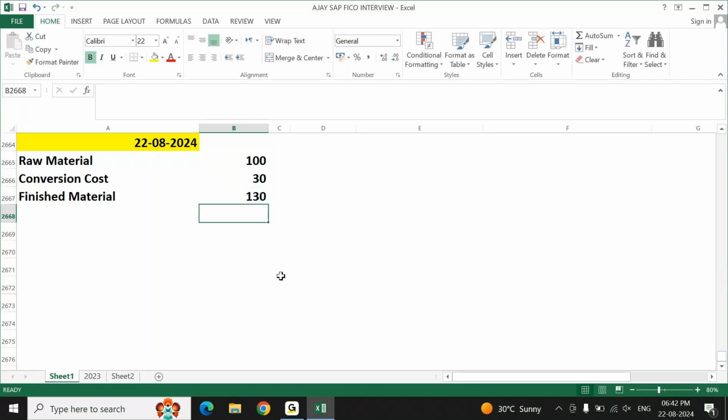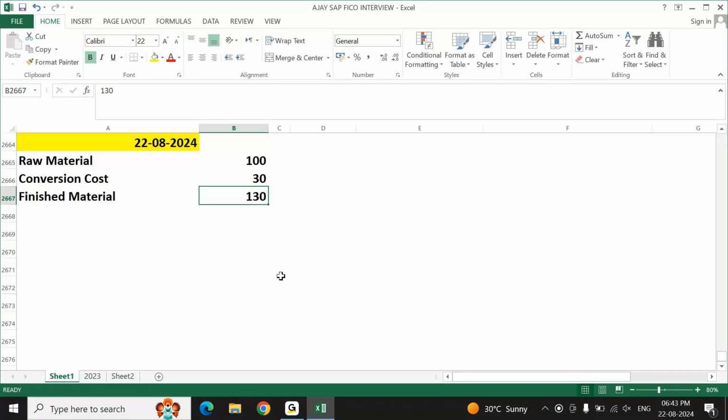Now you need to understand what is part of my raw material, what is part of my conversion cost, and how come my finished product is becoming 130 rupees. There are multiple logics which you can apply to arrive at finished product cost, basically the FG cost or header material cost or final material or output material cost.